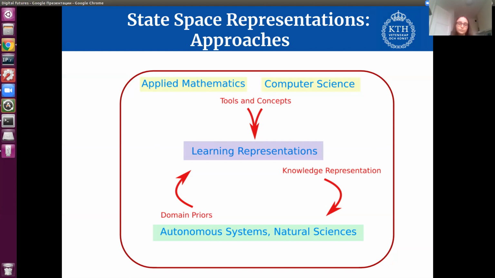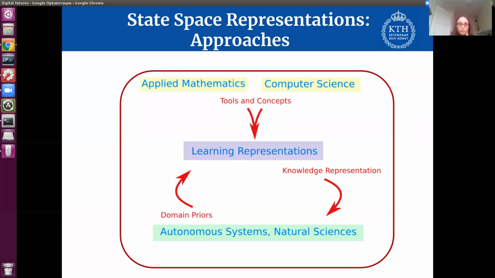Just because otherwise the problem becomes too complex and too data inefficient. And data is something that you really need to be mindful about in robotics applications because it's not readily available. Usually it's very expensive to collect data in these kinds of applications.